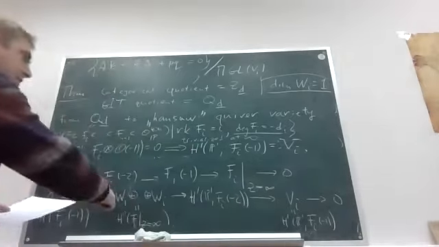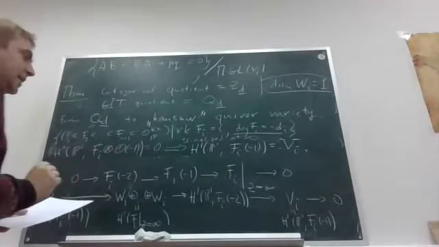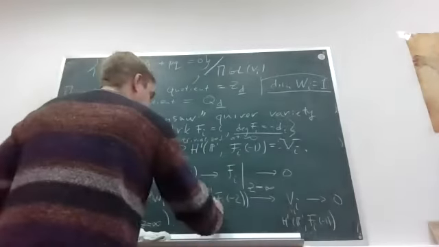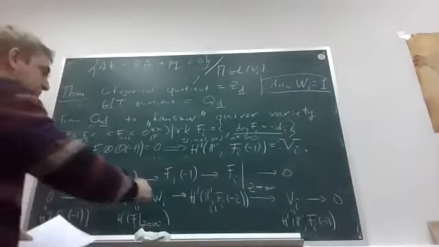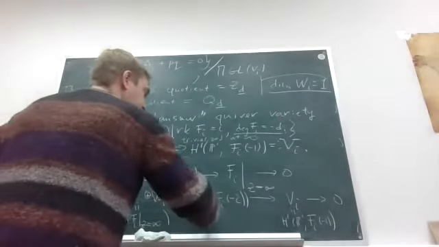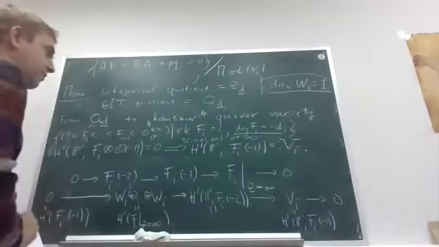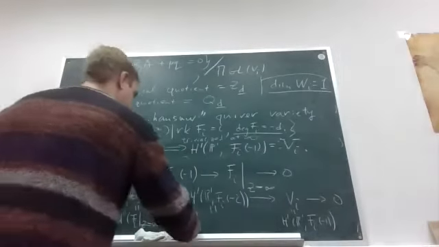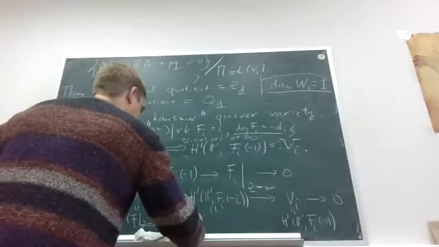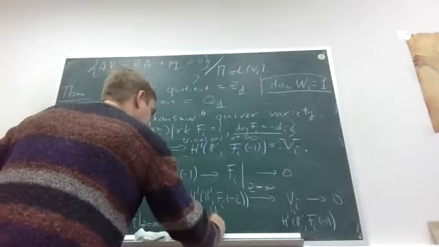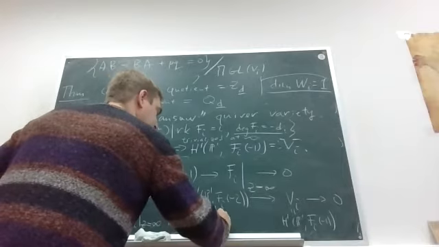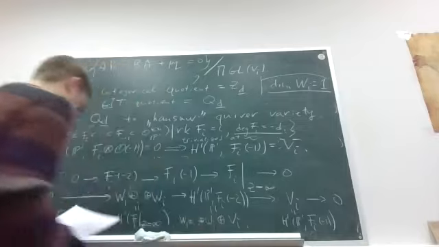So this is an exact sequence, and in fact it is split. So it gives me the identification of this first cohomology space with W1 plus and so on plus Wi plus di.